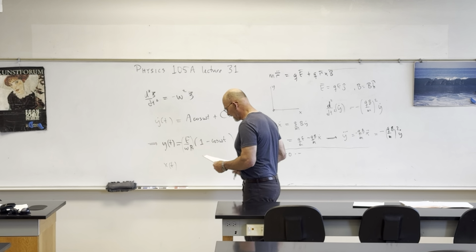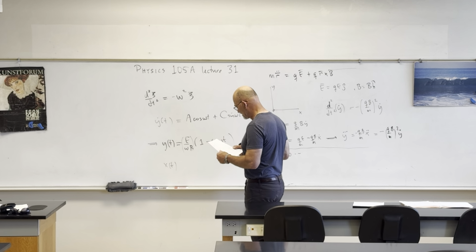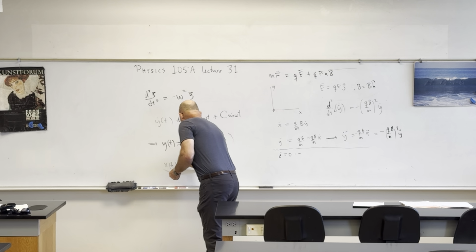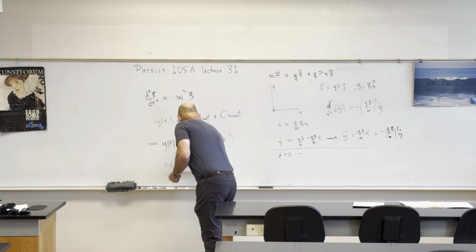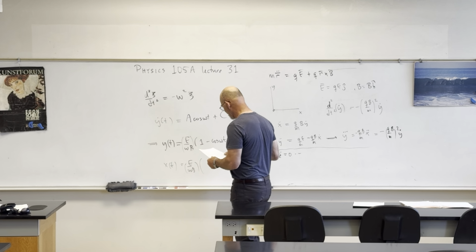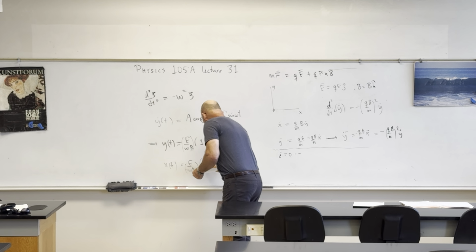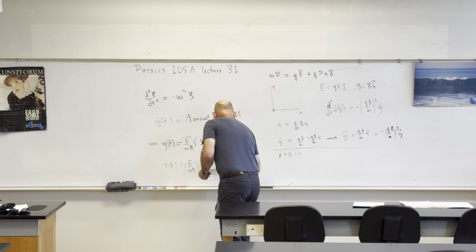And the x of t will also have this E over omega B, but you'll have omega t minus sine omega t.